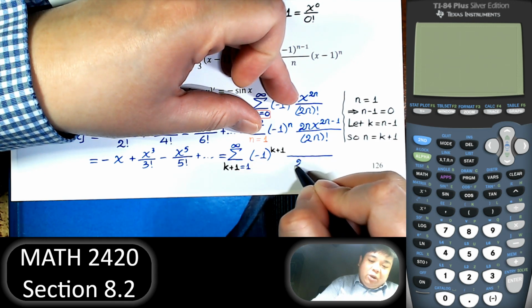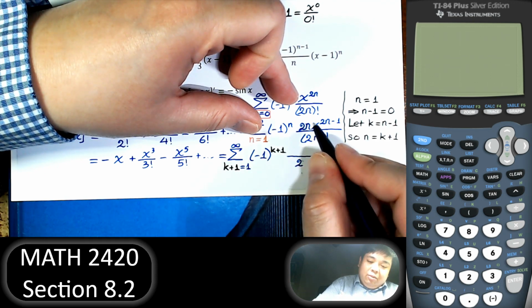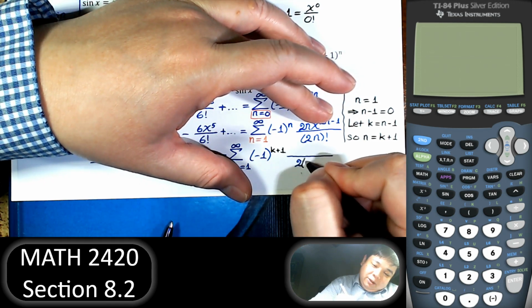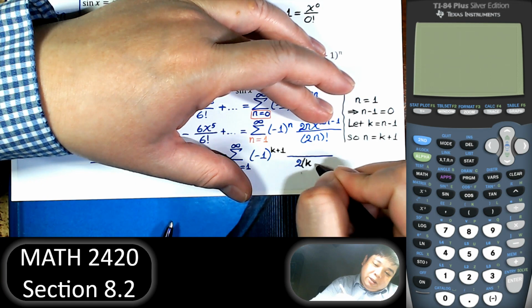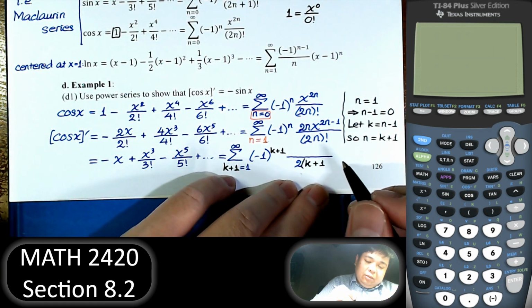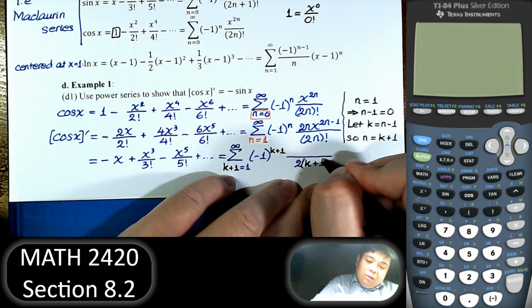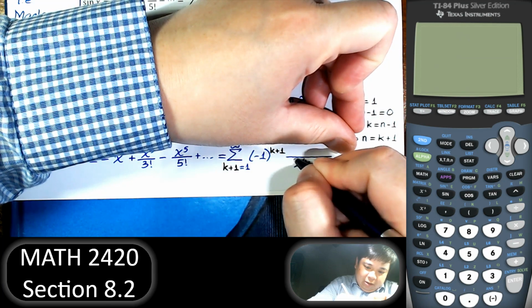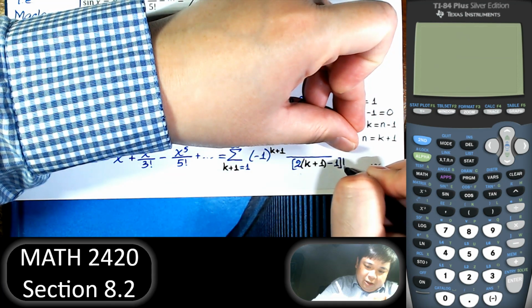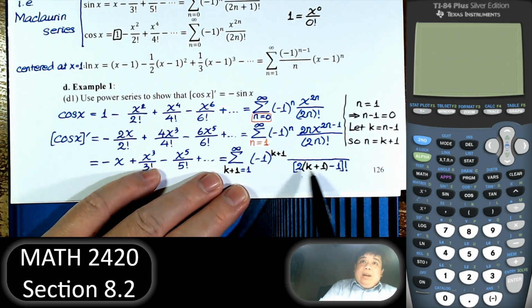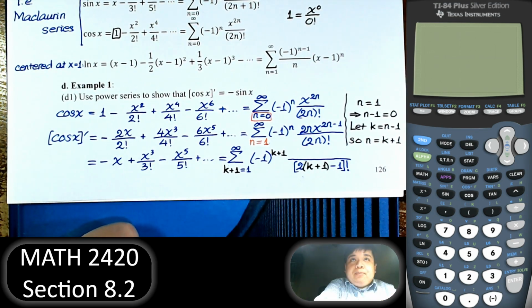Indeed, we do have 2n minus 1, which is 2 over n minus 1 factorial. Because the 2n cancel, the next will be 2n minus 1, but n equal to k plus 1, so that's what we have at the bottom.